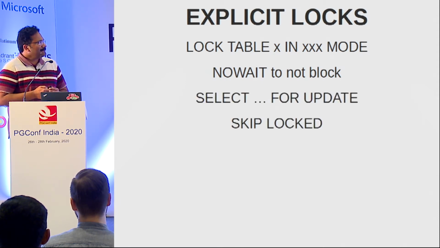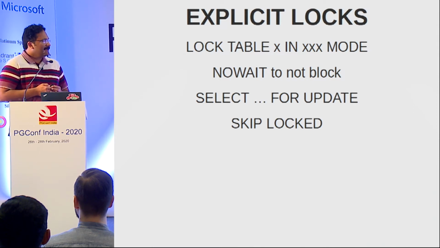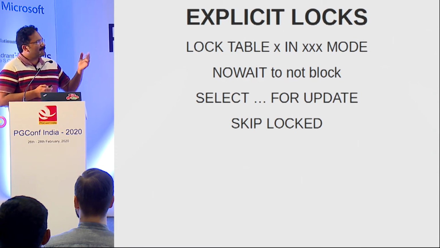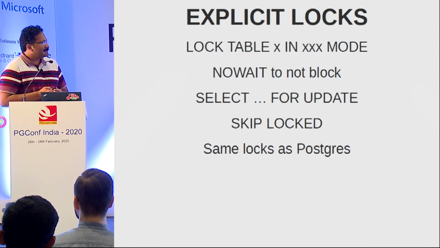And the other interface to these locks that is available to users is SELECT FOR UPDATE, which is a statement many of us may have encountered. It acquires row level locks rather than table level locks, which is what LOCK TABLE does, as the name suggests.